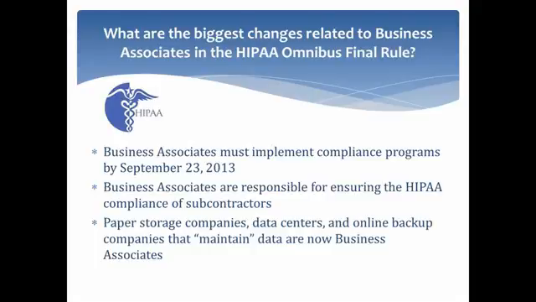Data centers very often housed servers and data, but didn't even have the codes to be able to access that, the encryption keys and even the physical keys to unlock data cages. And now that they are part of this new rule, the rule says that if they maintain data, that's the new buzzword, they're now business associates. So even if they don't look at it, if the data's in their facility, they have to comply as business associates.